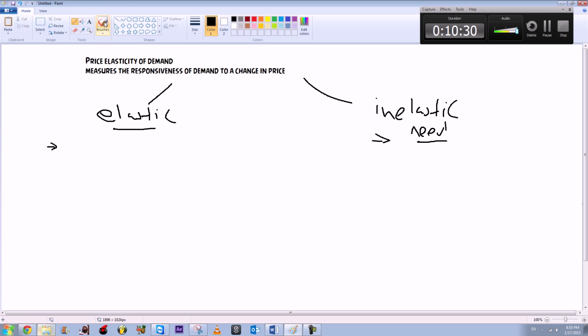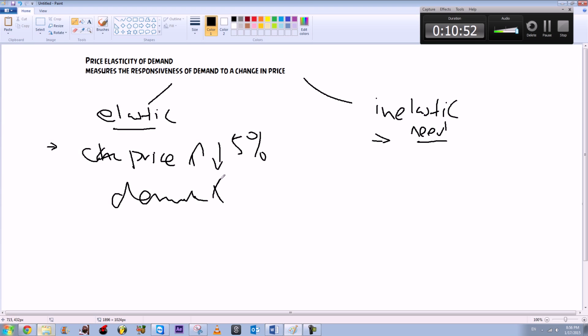So basically, what this is, a change. If it's elastic, a change in price would result in a proportionately greater change in quantity demanded. So if the price goes down by just 5%, the quantity demanded should increase by 10% if it's elastic.